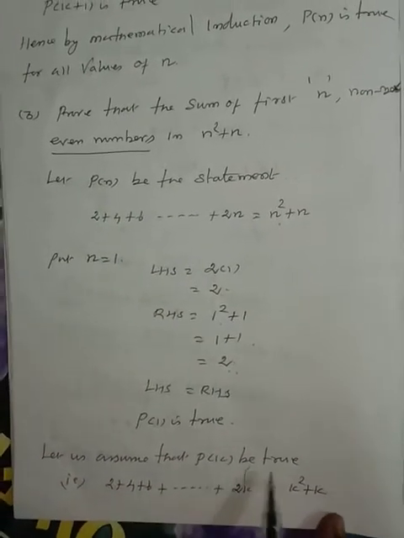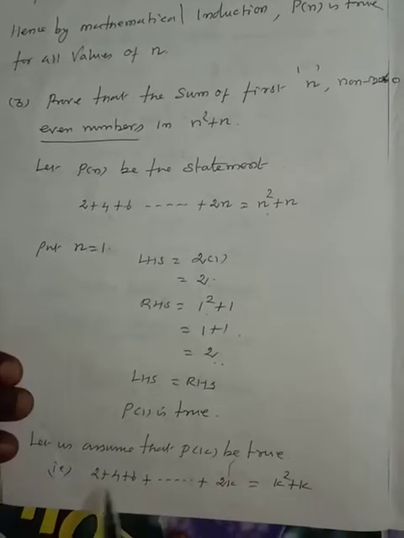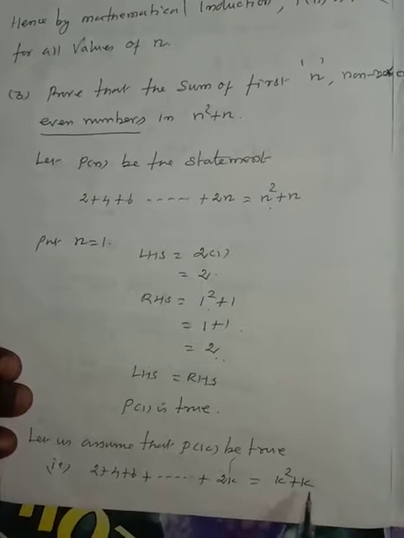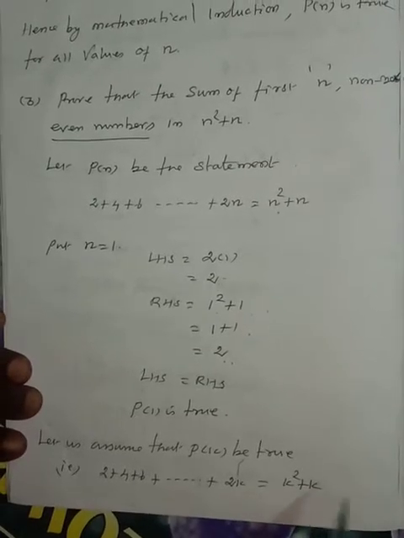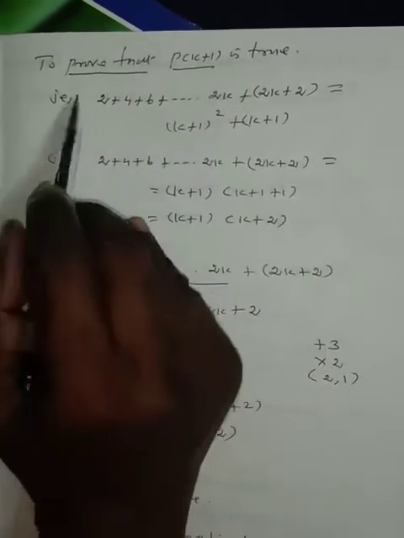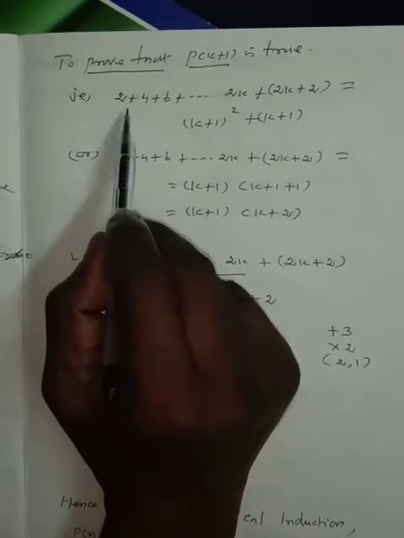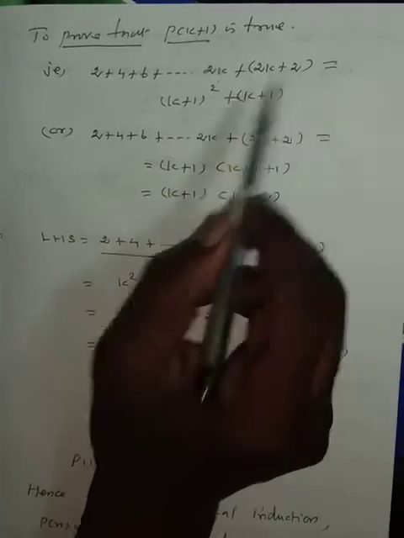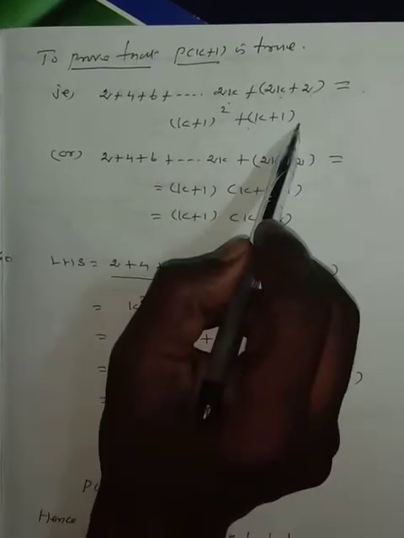Let us assume that P of k be true: 2 plus 4 plus 6 plus and so on to 2k is equal to k square plus k. Put n is equal to k plus 1; P of k plus 1 is to be proved. It is 2 plus 4 plus 6 plus and so on to 2k plus 2k plus 2 is equal to k plus 1 whole square plus k plus 1.